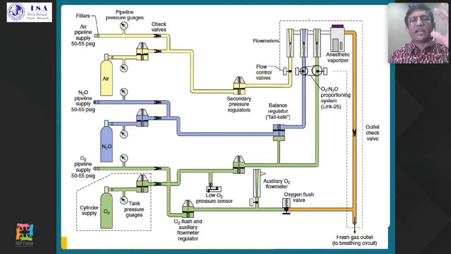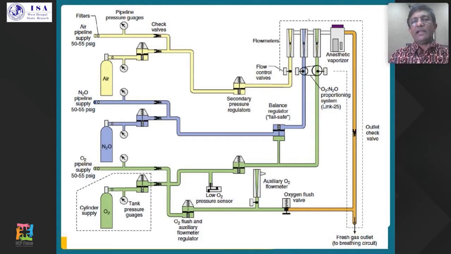Then it goes through the secondary pressure regulators, and then through certain other fail-safe mechanisms, like the fail-safe valves or the oxygen failure sensors, and then it goes to the flow meter knobs, past the flow meters, and then the gases blend, go through the anesthetic vaporizers, and finally to the patient through the fresh gas outlet.